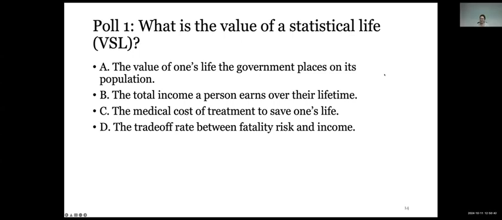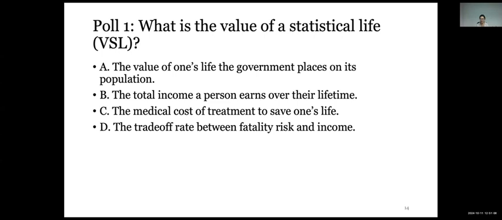Oh, I see. Okay, so basically 60% of people participated, and most of you chose the first option as the answer. For those of you who chose that option, it is actually not the correct answer.